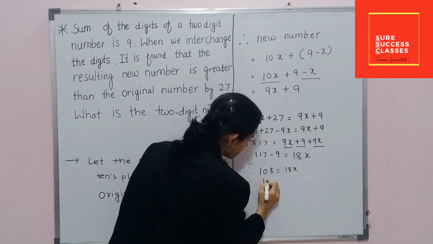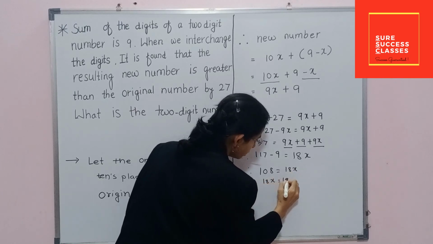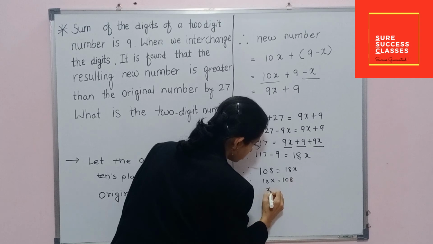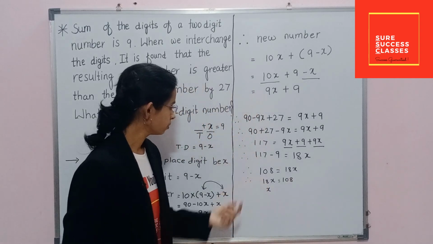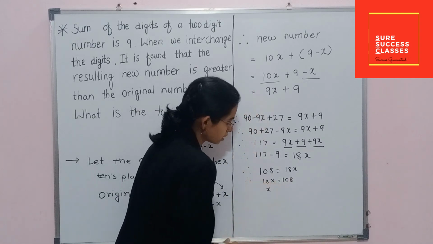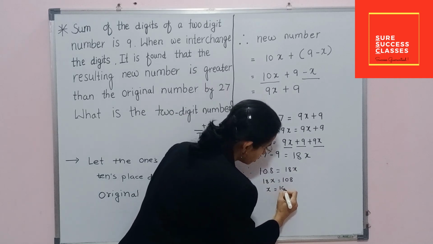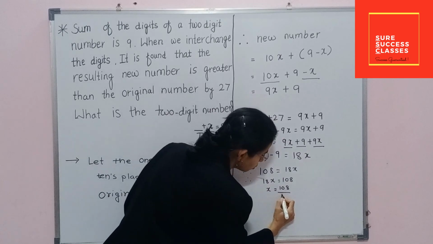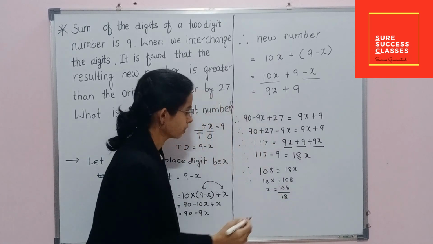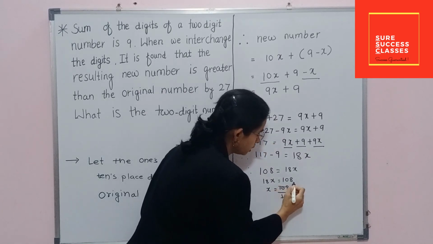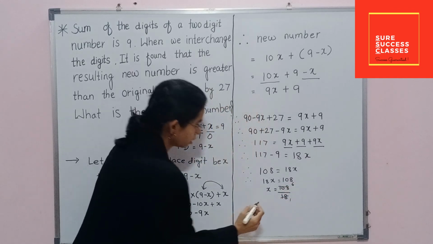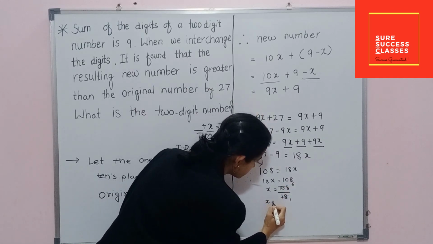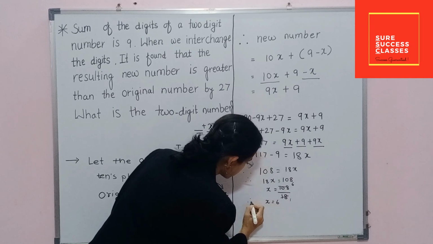We can write this as 18x is equal to 108. This 18 is multiplied with this x. So when it changes that side, it will go with division. 18 1s are 18, 18 6s are 108. x is equal to 6.